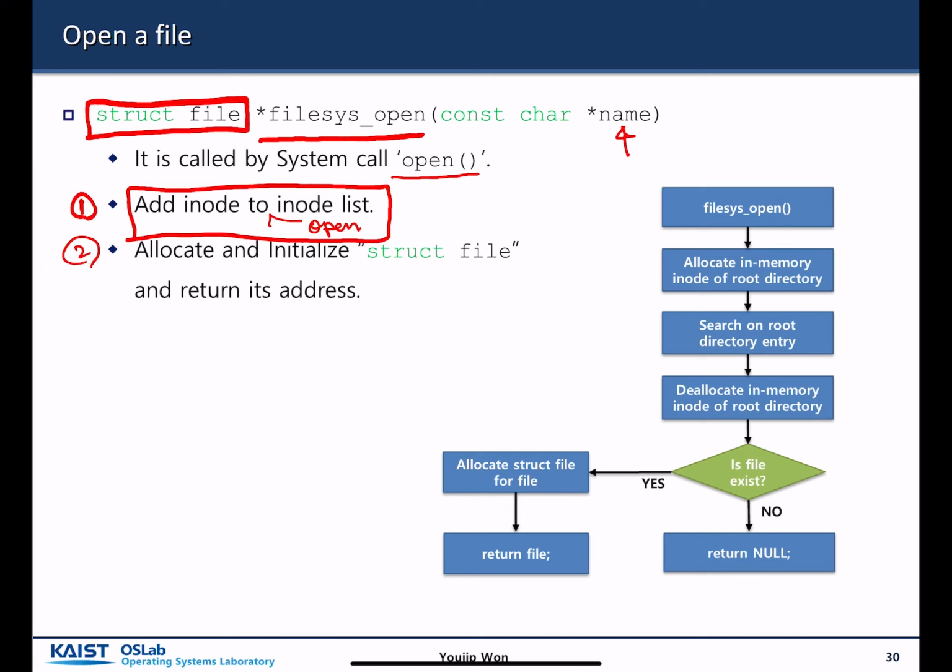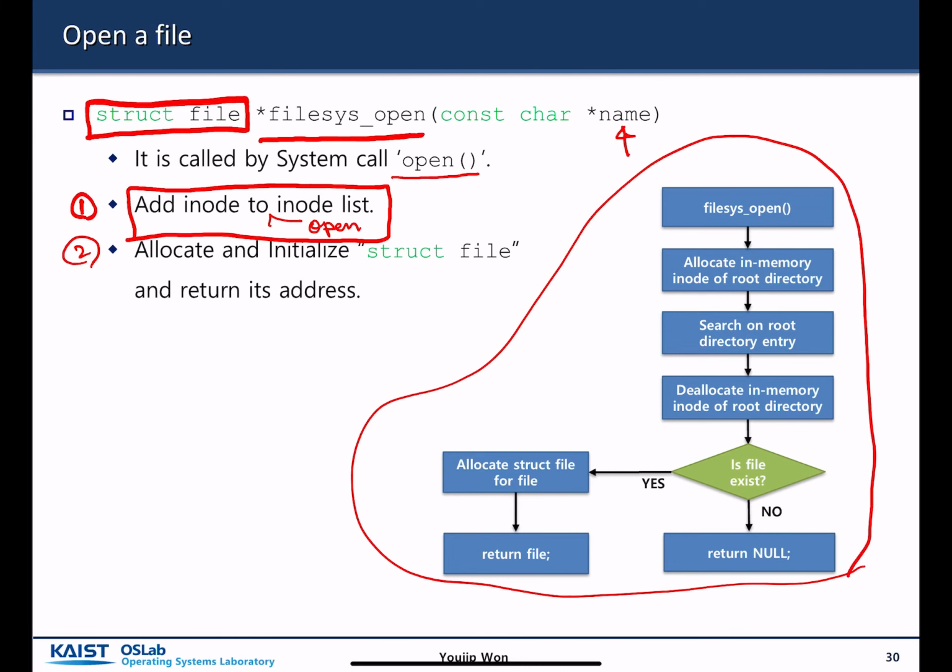However, you have to allocate and initialize a struct file structure every time a file is opened, meaning every time filesys_open is called. So this is the process of opening a file.